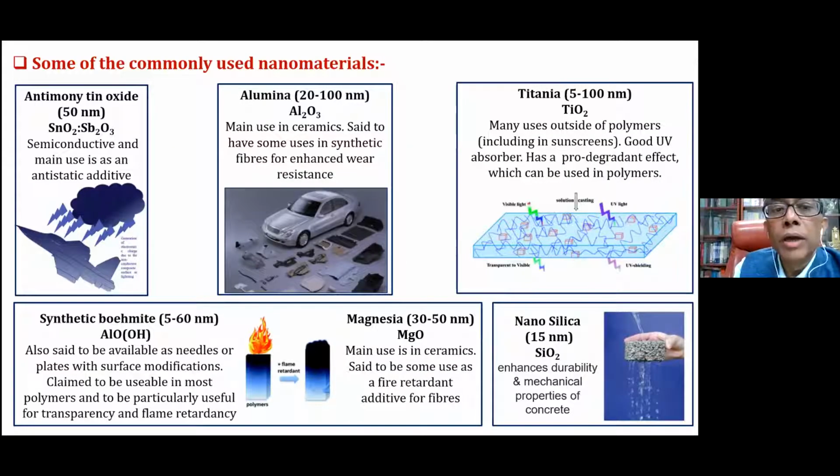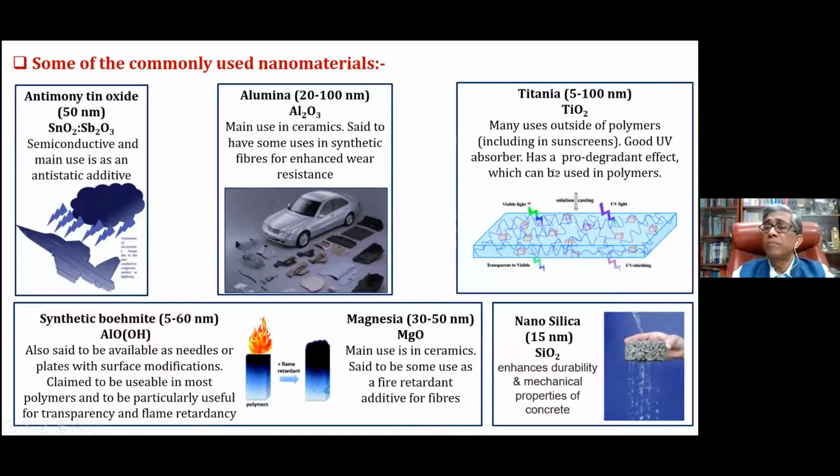The world is not only nano carbon tubes, nano clays and all that. If you see our metal oxides, there is antimony tin oxide, which is used for semiconductive EMI shielding applications. Lots of aluminum is used for wear resistance and developing synthetic fibers.